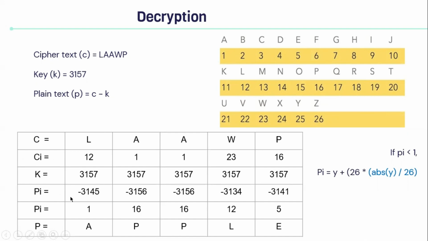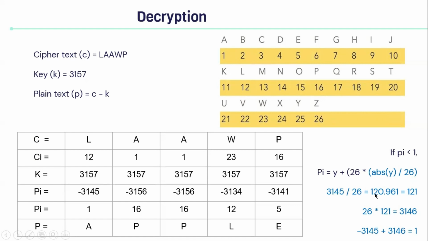So let's say the minus 3145 is represented as Y. The absolute value of Y, which is 3145 divided by 26, gives the value 120.961.